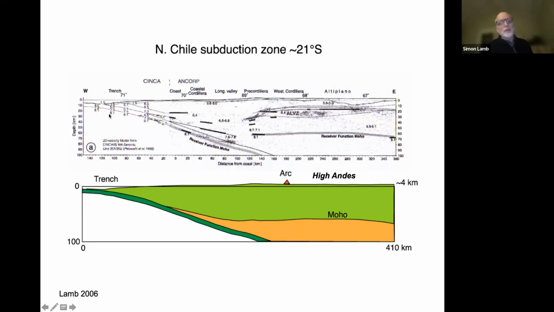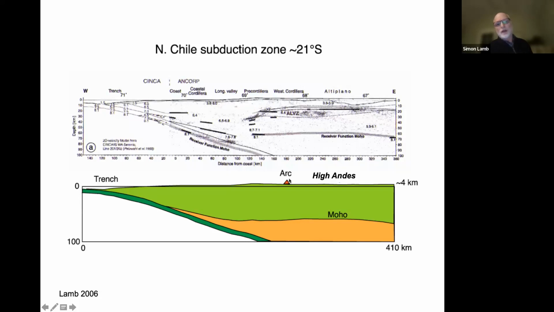So if you take a profile across, these are big seismic lines done by a variety of groups across the central Andes at 21 degrees south. You can see very well imaged the top of the subducted plate, the Nazca plate. So that's the oceanic crust.